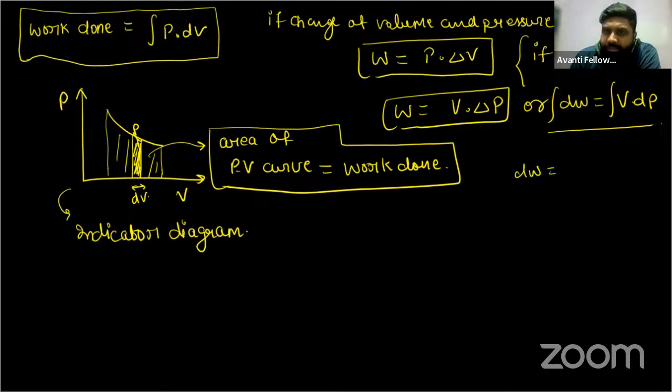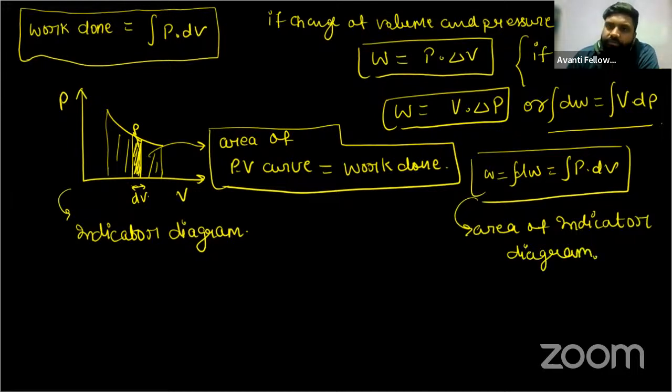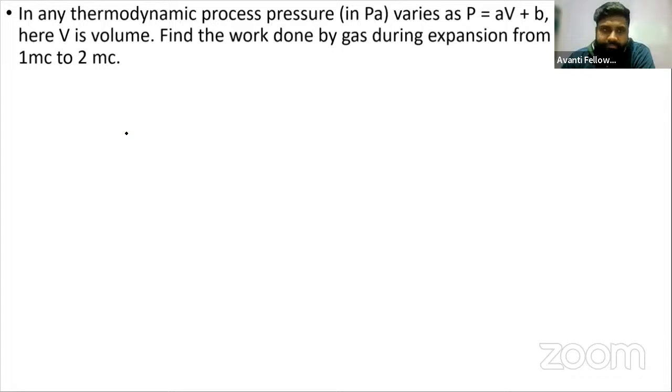It is given by P into dV. If you integrate it, you will get the total work done, which is nothing but the area of the indicator diagram. This is it for the concept.